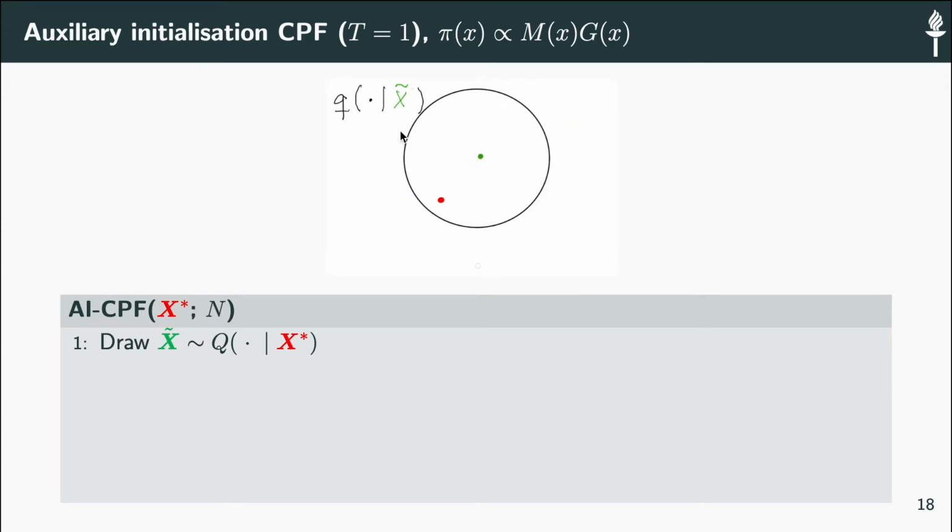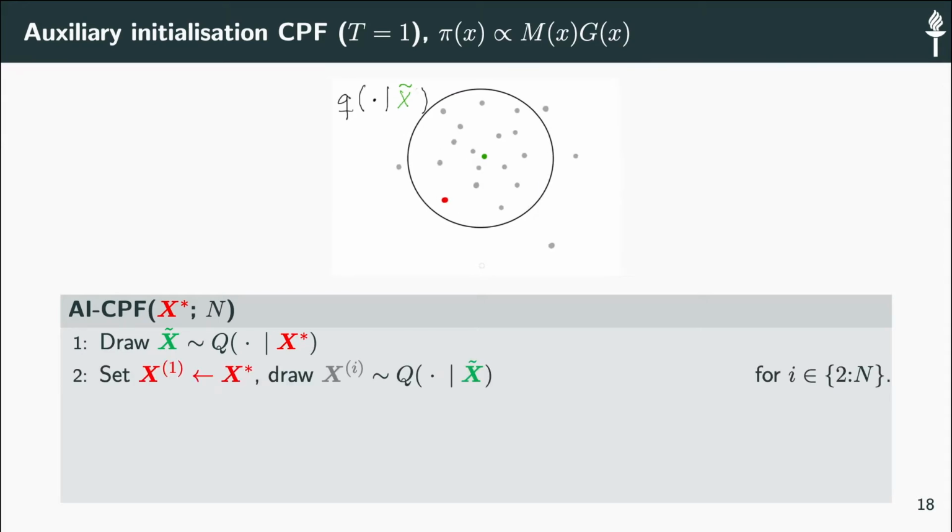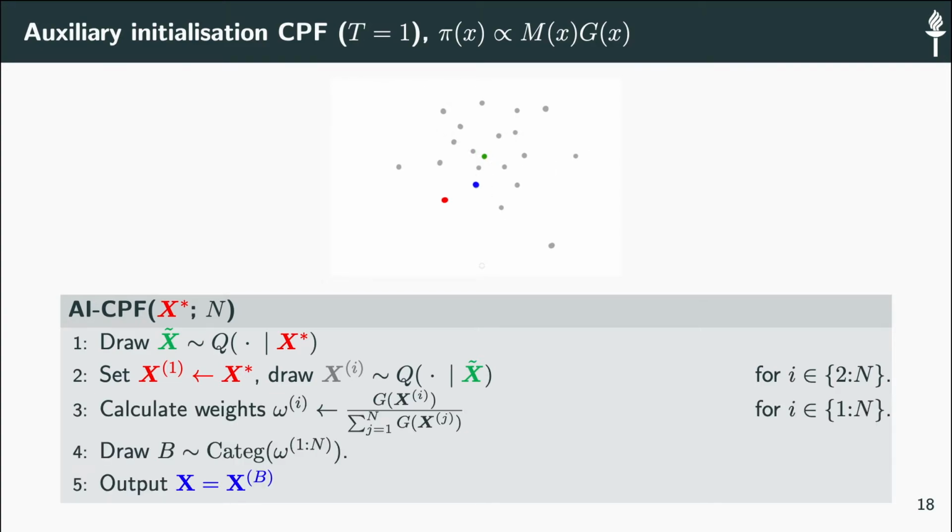So let's place our random walk proposal around the green point now, and draw all the particles around the green point. And now just completely ignore the green point and proceed as in the CPF. So select from the gray or the red one according to the weights as before.